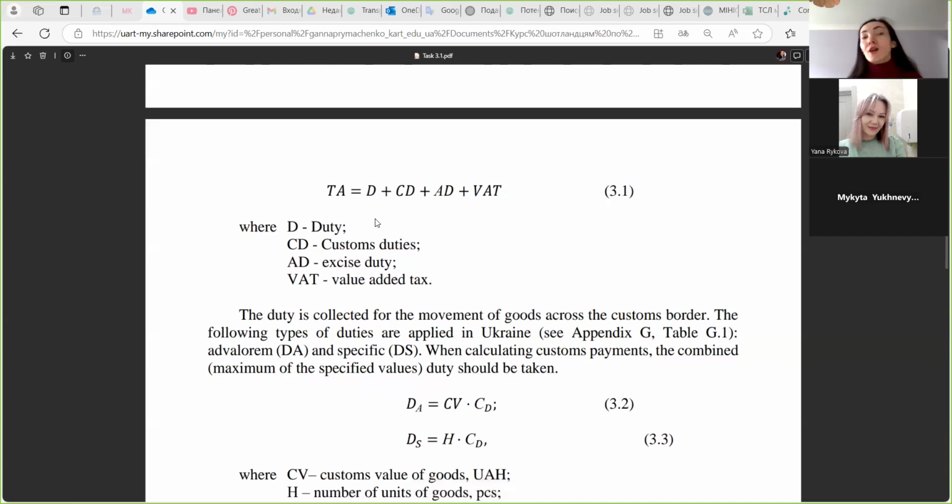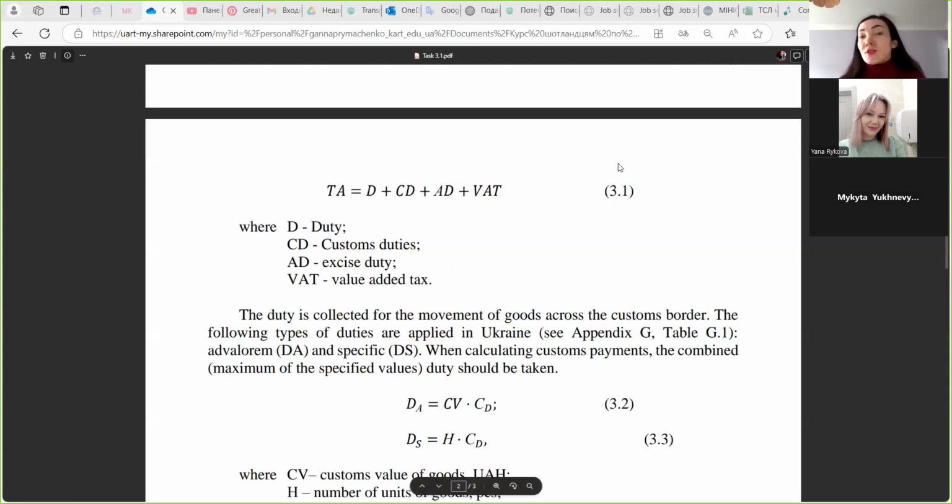We have, for example, value added tax, excise duty, customs duties, and that is for you, so that you know what such types of different payments really are, and we could find them.